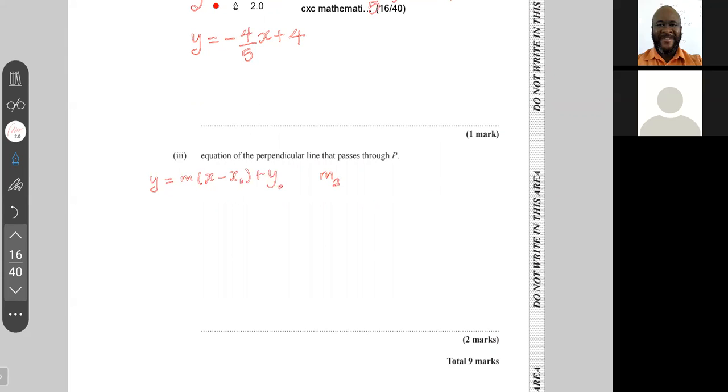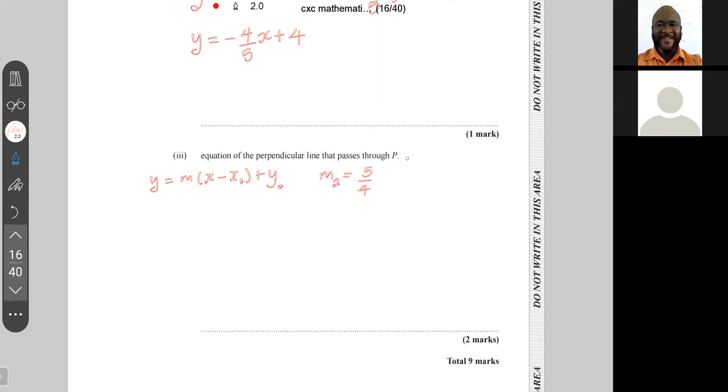Now, this line is perpendicular to the first line. So the gradient of this line is what? 5 over 4. If two lines are perpendicular and you know the gradient of one of the two lines, to find the gradient of the other line, you invert the gradient of the first line and change its sign.